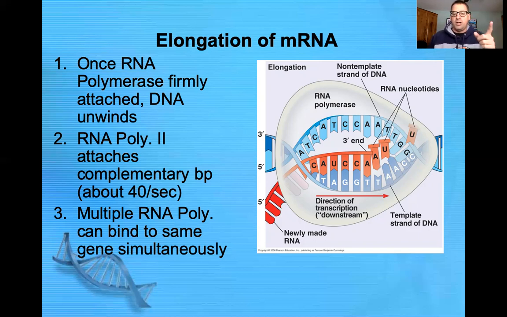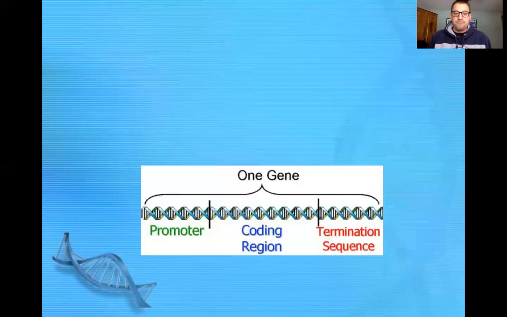Well, you don't have one RNA polymerase attach, transcribe the gene, then go back to the beginning and go again. You have one attach, start, and another one attaches and starts, and another one attaches and starts. So you can transcribe multiple copies of that same RNA molecule very, very quickly.